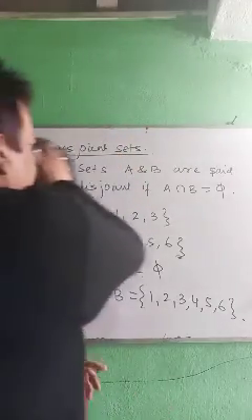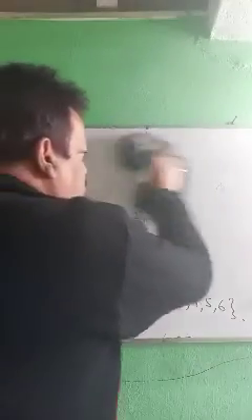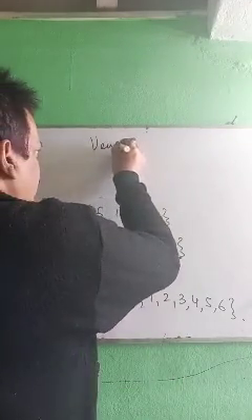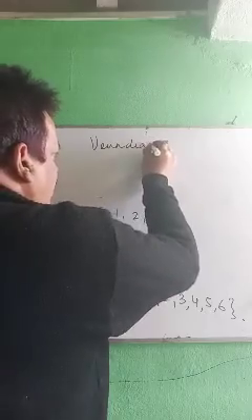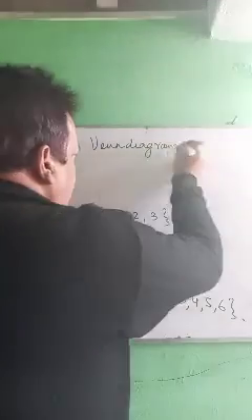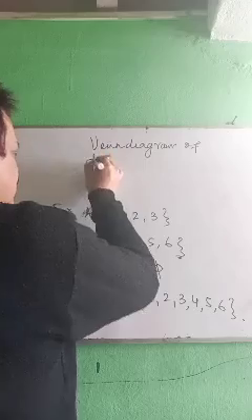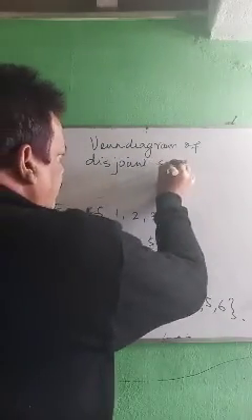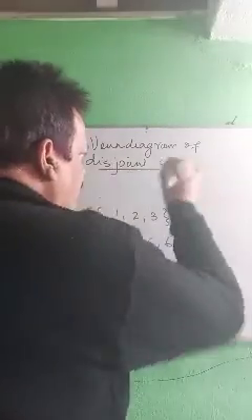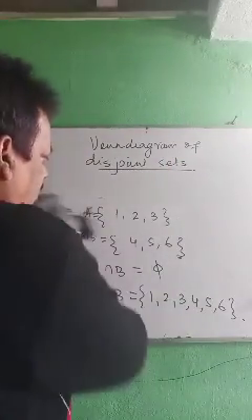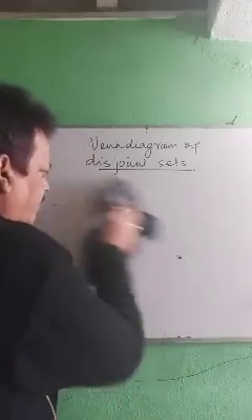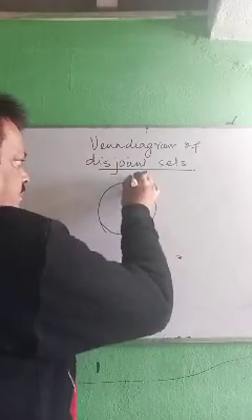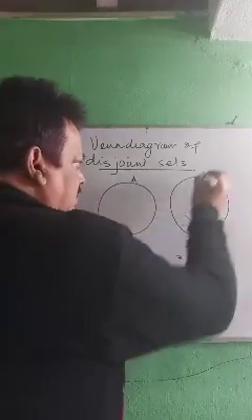Now look here. How will you show the Venn diagram of disjoint sets? That means they don't have any common element. So one set is here, one set is here.